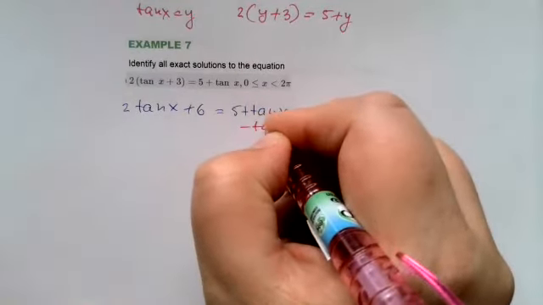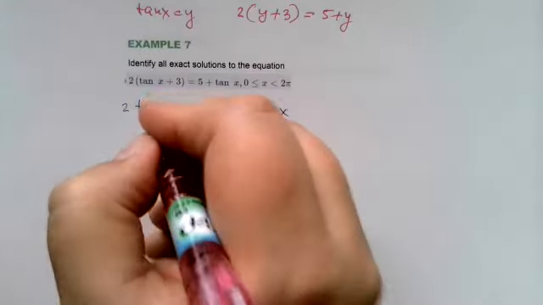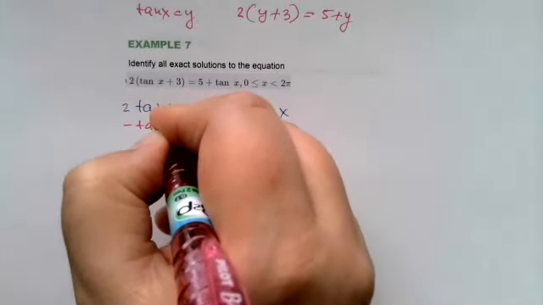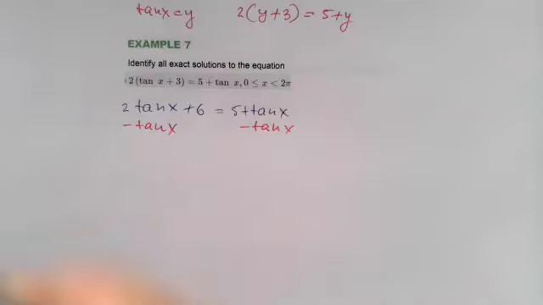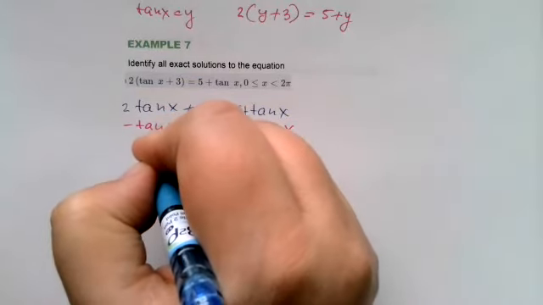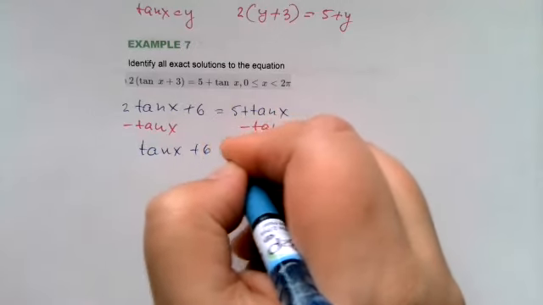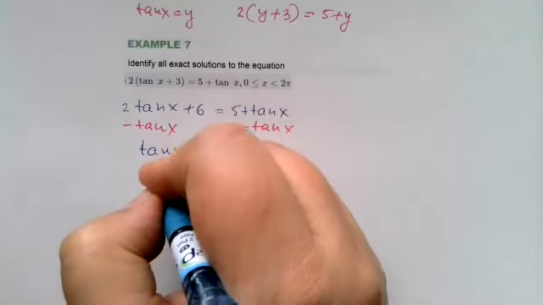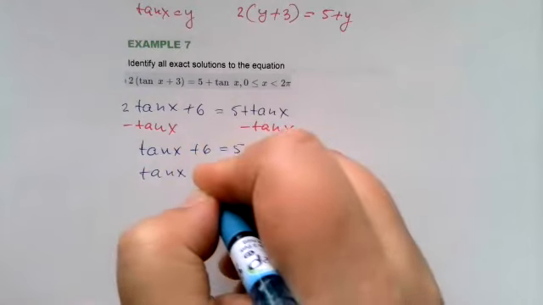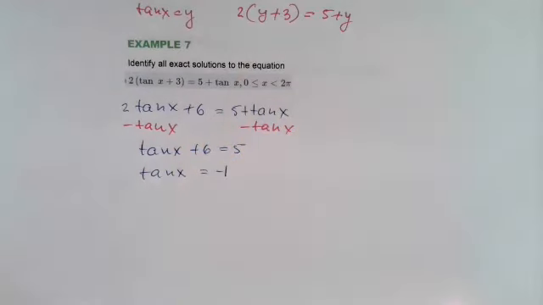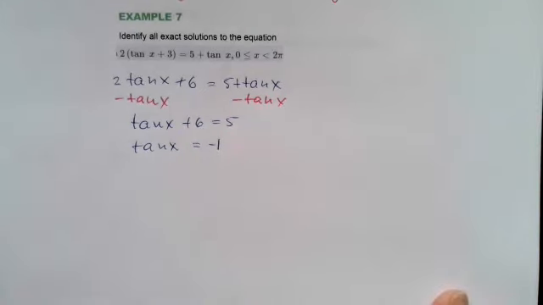So I'm going to subtract tangent x on both sides. So here, instead of 2 tangents, I'm going to get just 1 tangent. Tangent x plus 6 equals 5. And finally, I'm going to subtract 6 on both sides. I get negative 1. So tangent x equals negative 1.